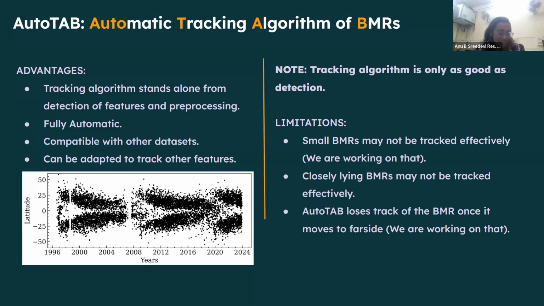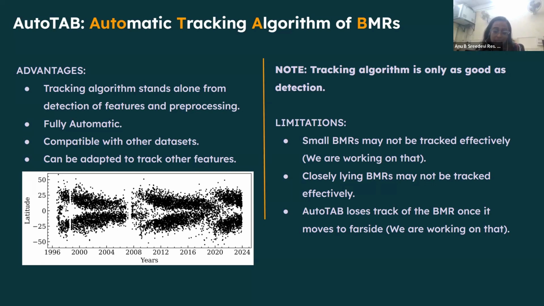But there are disadvantages too, and we are working on them. First thing to keep in mind is that the tracking algorithm is only as good as the detection algorithm. One limitation is that small BMRs may not be tracked effectively. We are working on that. So if you call me again for another seminar, I may be talking about the tracking of small BMRs, especially ephemeral regions.